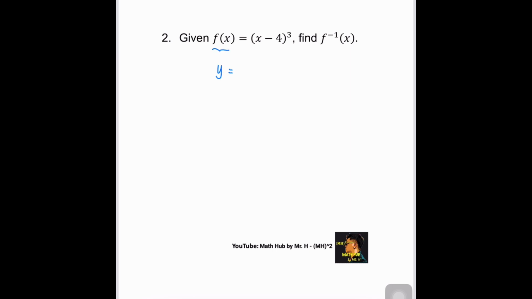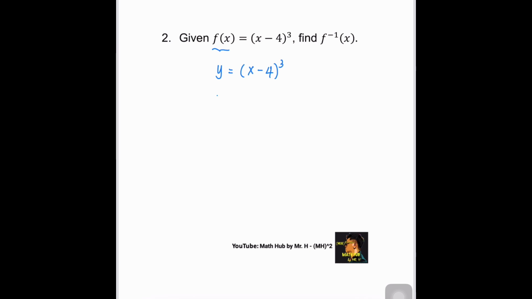And then we simply copy everything that's on the right hand side of the equation. After changing f of x to y, the second step will be swapping the x and the y.